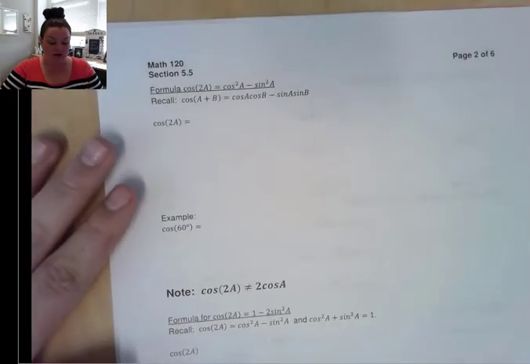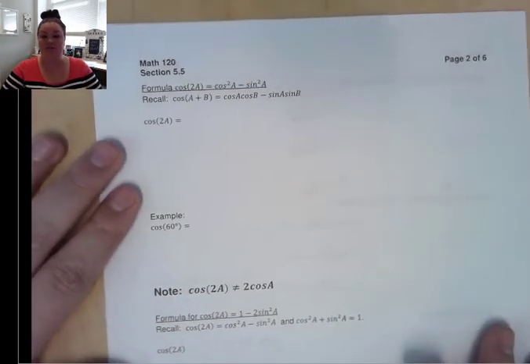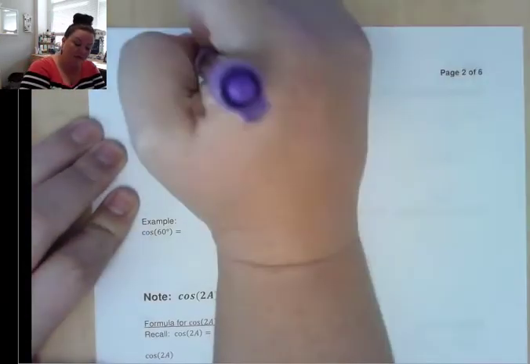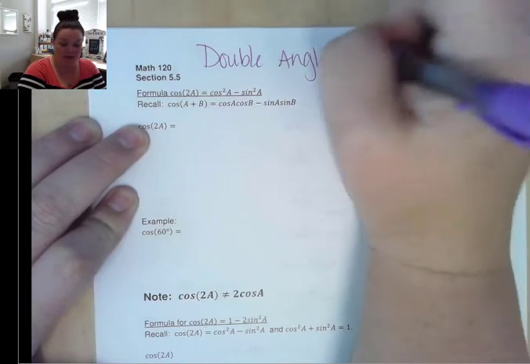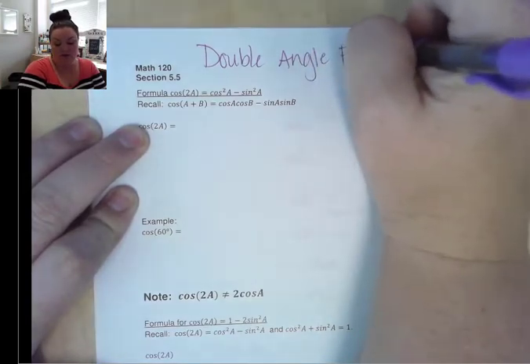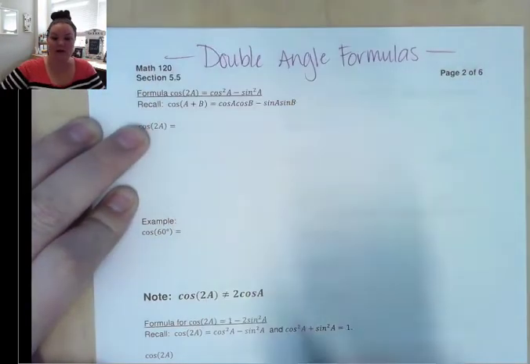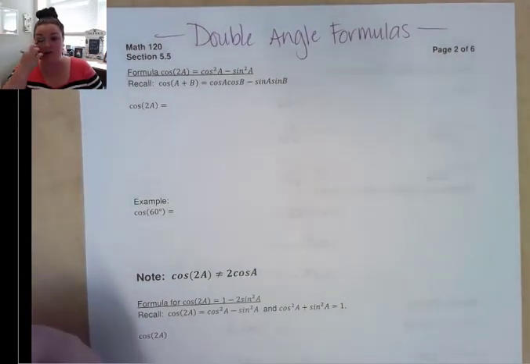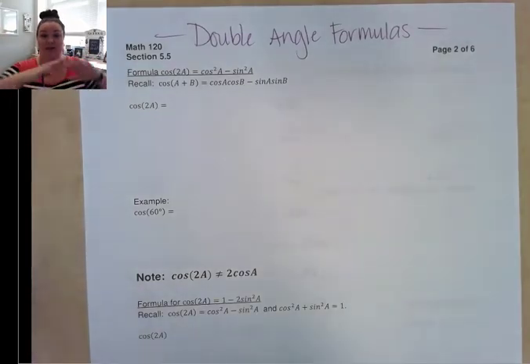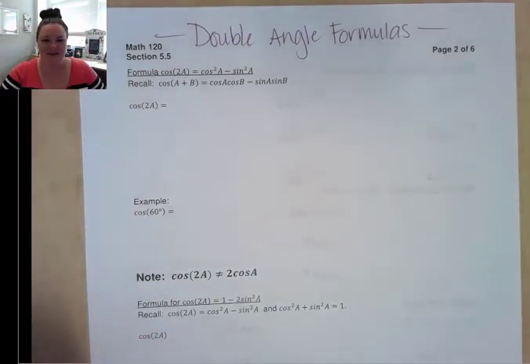What we're going to talk about in section 5.5 is double angle identities. I'm going to write it big at the top of the page: double angle formulas. That way, when you're flipping through your notes looking for those double angles, it will be easy to find. What I'm going to do is verify each formula, show you where it comes from, and then do a little example of each one.